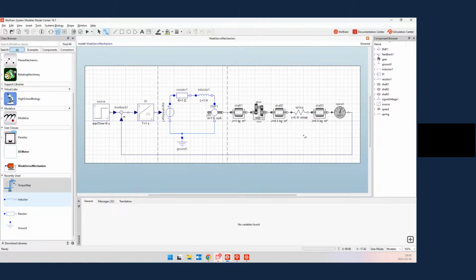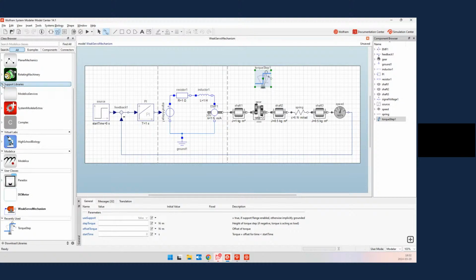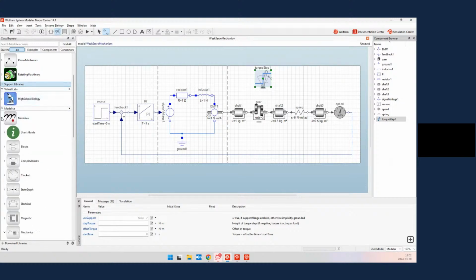The idea is that you as a user typically should just have access to these components and be able to use ready-made examples, modify them, or start from scratch and build up your own. The way you would do that is add something from all these built-in libraries that are available and drag and drop it to the canvas.